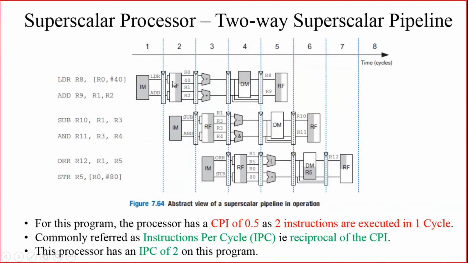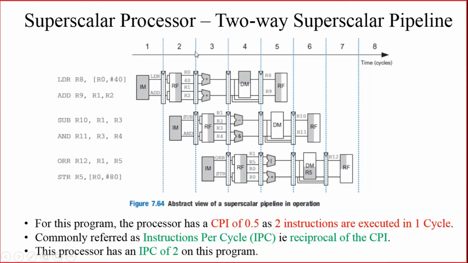In the decode stage, it has identified the registers on which the operation has to be performed. In the first case, first of all you need to add these two, R0 plus #40, because R0 will be containing the base address, and 40 will be the offset.